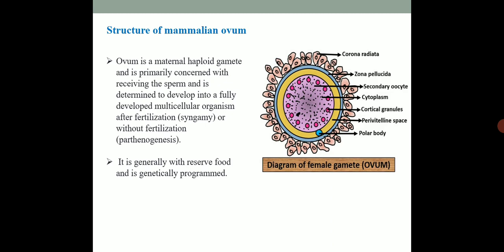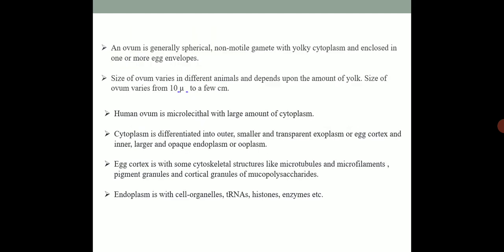It is generally with reserved food and it is genetically programmed. Here is a diagram which shows the female gamete, what we call the ovum.